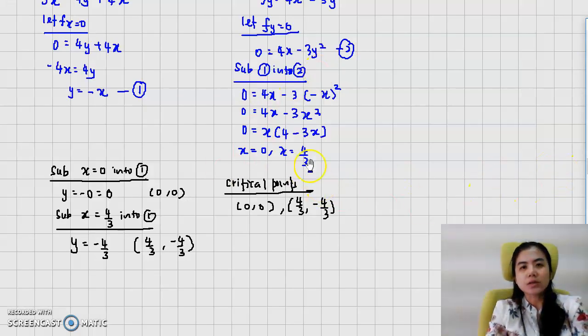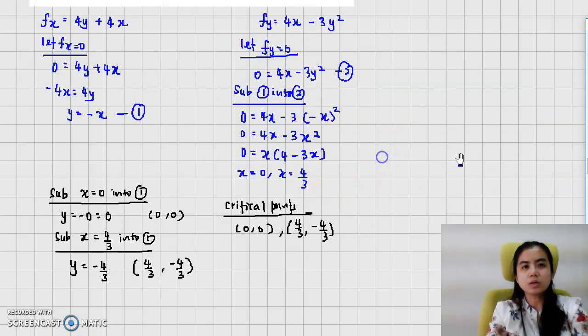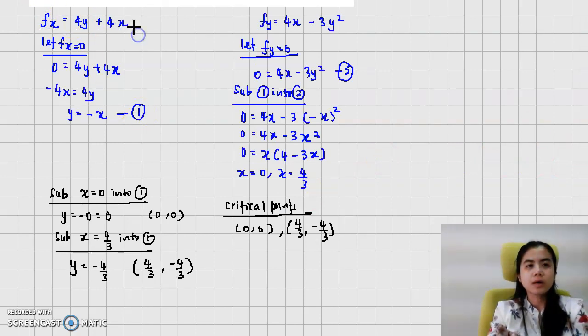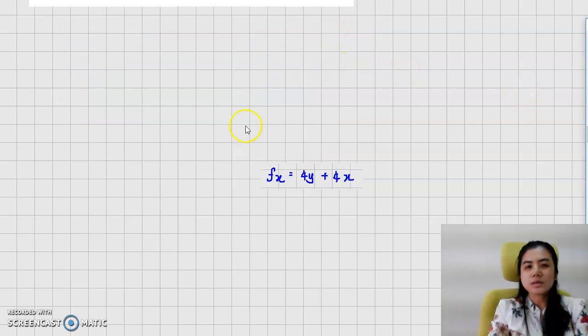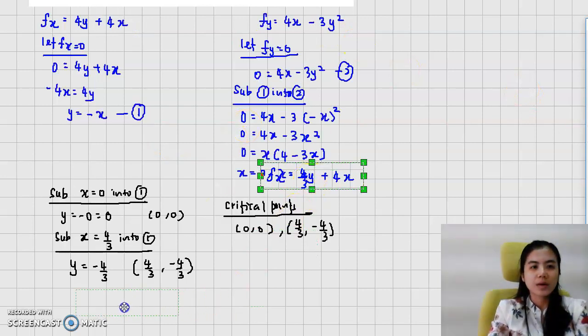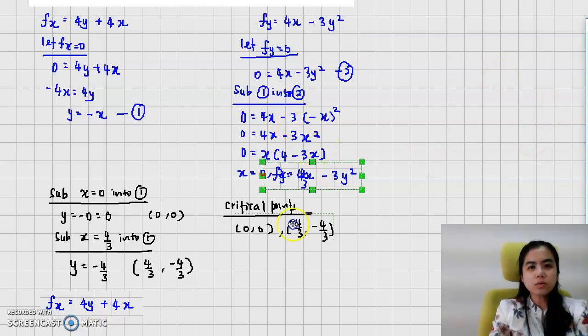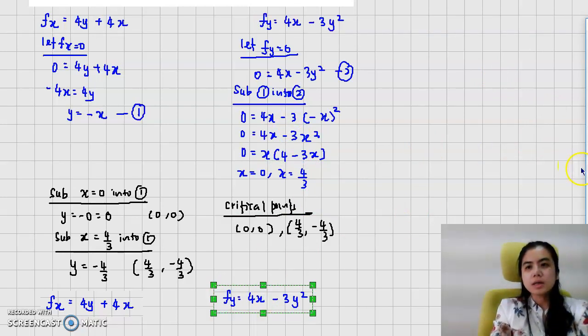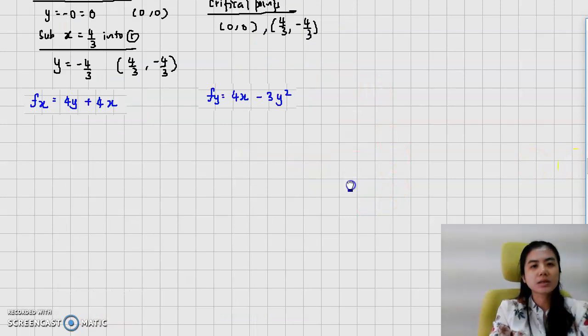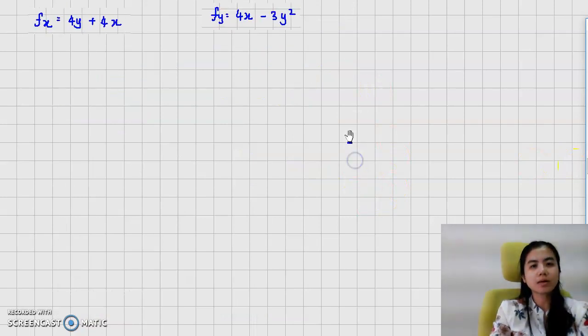So let's refer to this one. That's how we figure out that we have fx, I'll put it down here, and we have these two. I'm going to put it down here. Let's find out the second order derivatives.